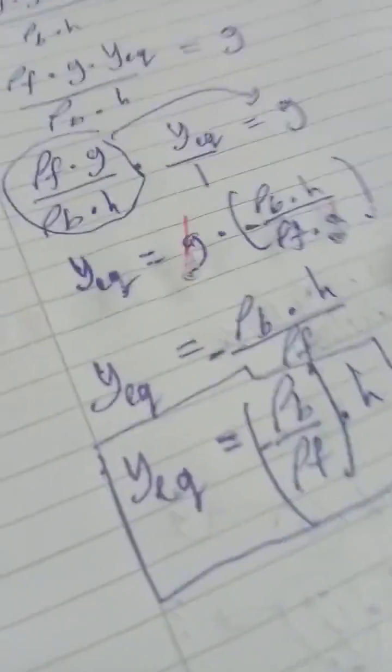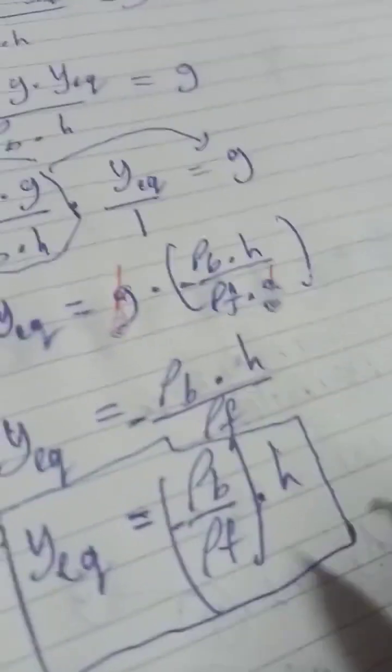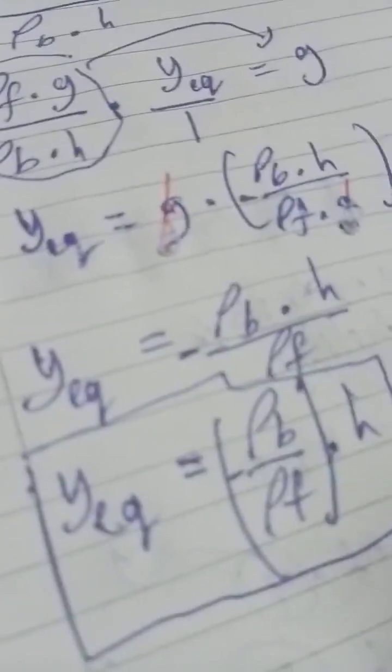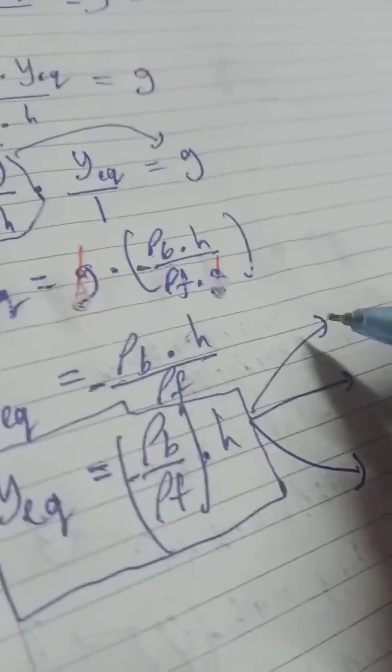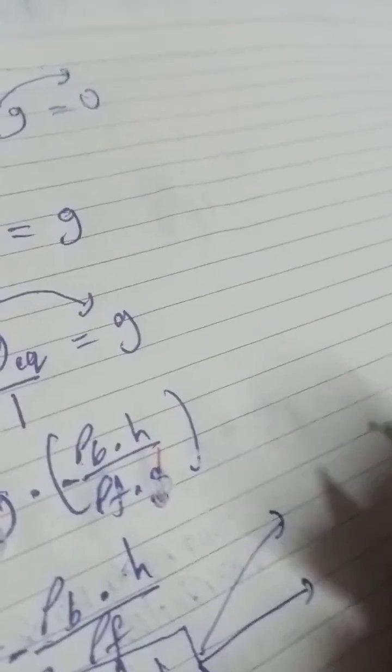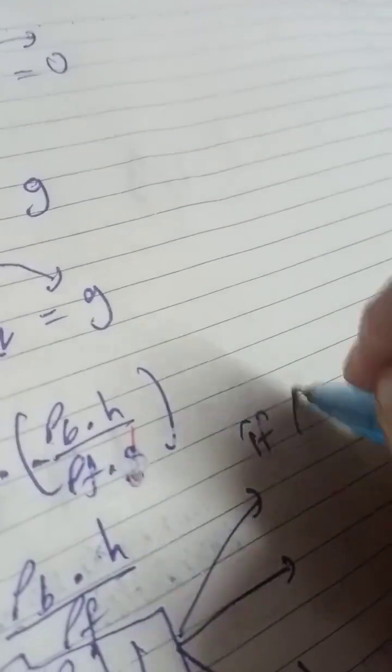Now here comes another concept. For y equilibrium we have three conditions: the first one, second one, and third one. The first condition is if rho b is equal to rho f.